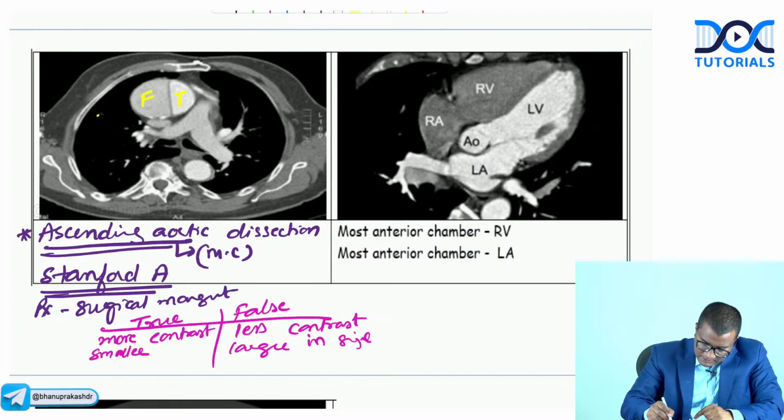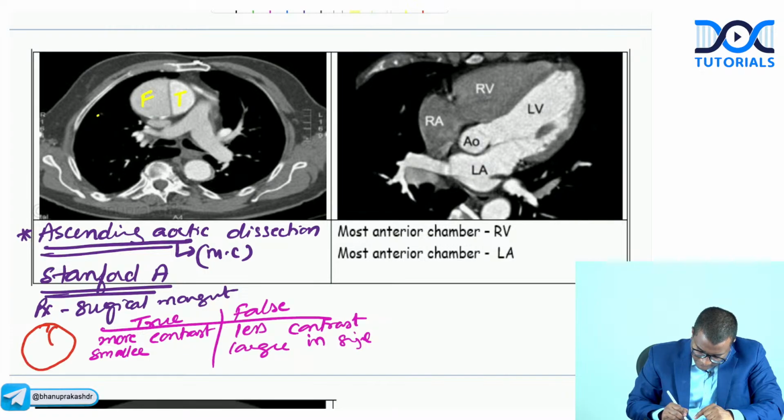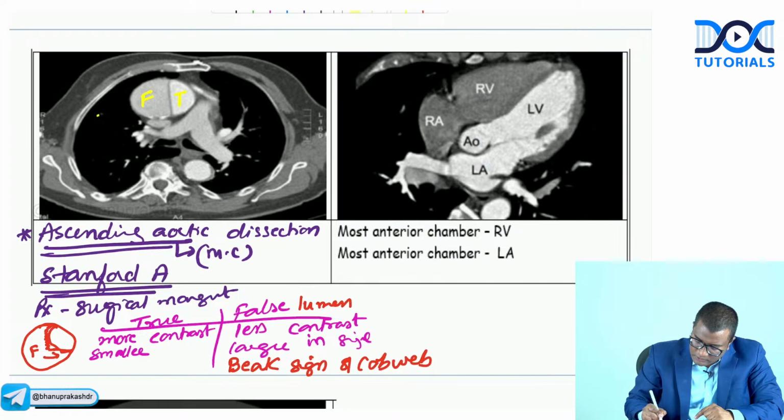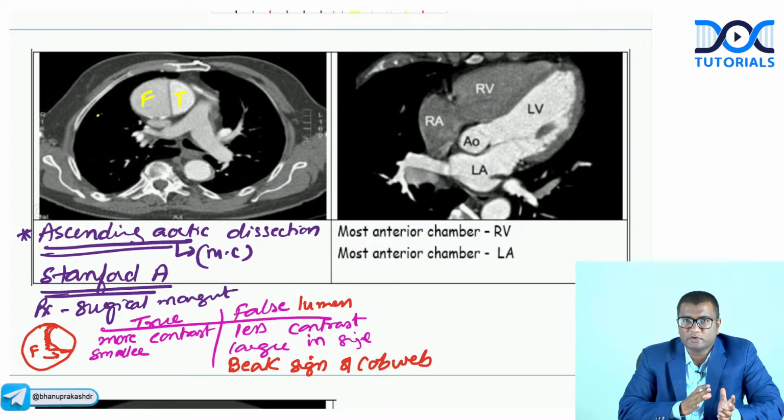Imagine this is the aorta with an intimal flap. The false lumen will form a beak-like area, and you'll see a lot of shreds of tunica media. Those are called the beak sign and the cobweb sign. These are features of the false lumen. So that is how we differentiate a true lumen from a false lumen. The beak sign, the cobweb sign, less contrast, larger in size is a false lumen.